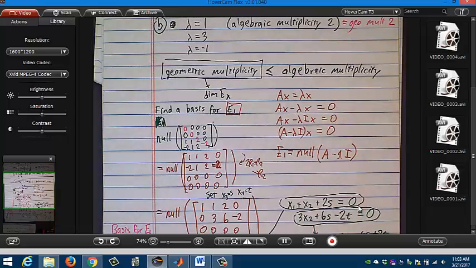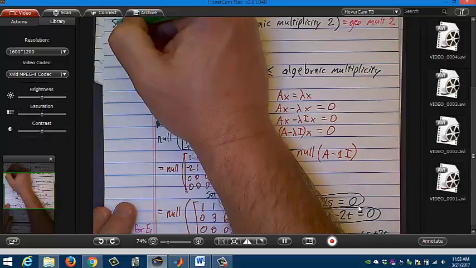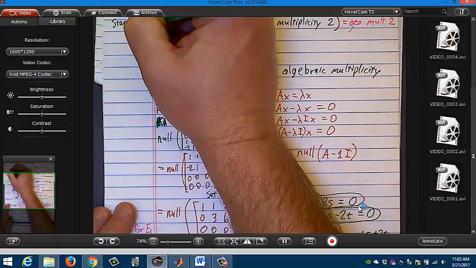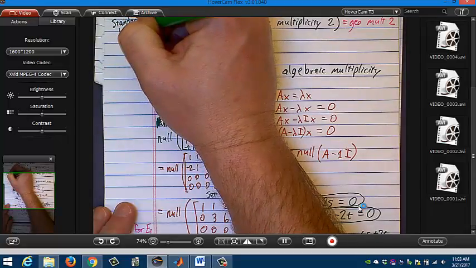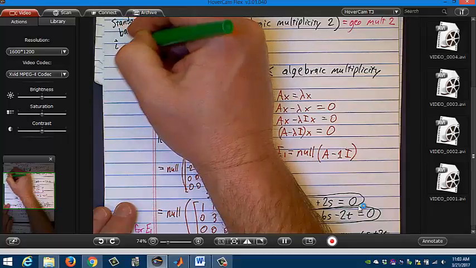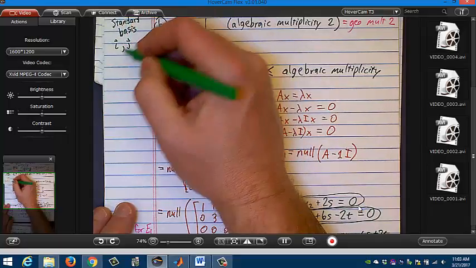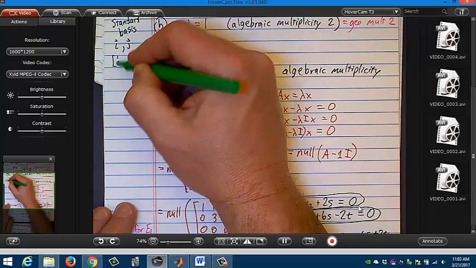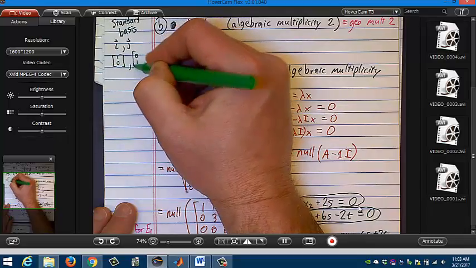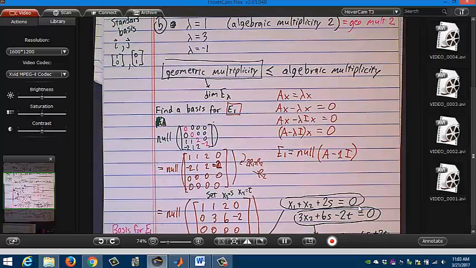What is unique? The geometric multiplicity, the number of vectors in the basis, is unique. Even going back to 2 dimensions, okay? And I showed this the very first day of class. We have the standard basis. We called it I and J, right? So 1, 0 and 0, 1. That's a really nice basis for R2.